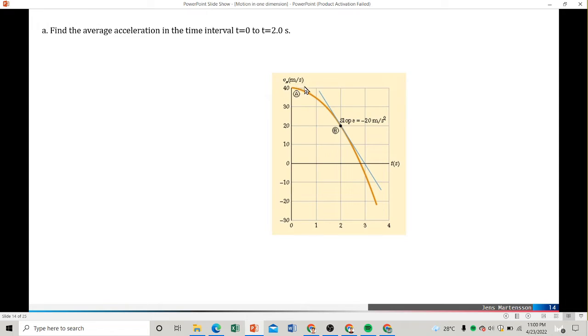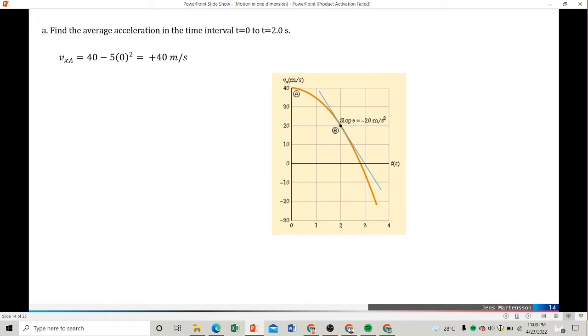So this is what happens when we graph the equation 40 minus 5t squared. So the question is to find the average acceleration within this time interval.